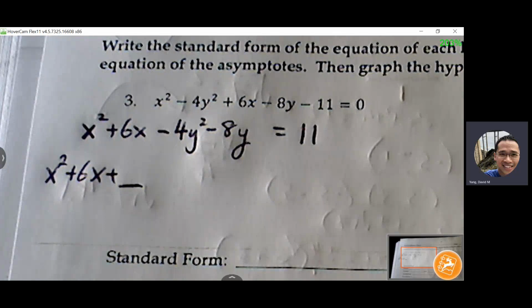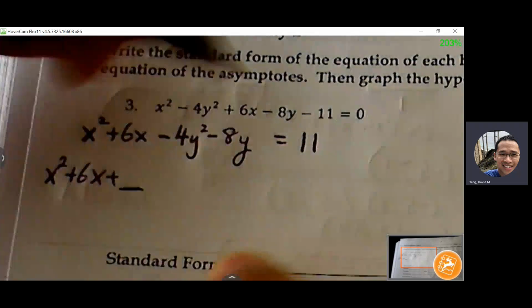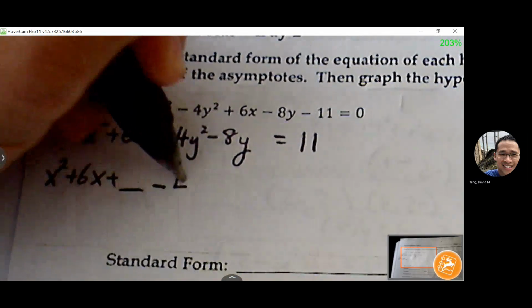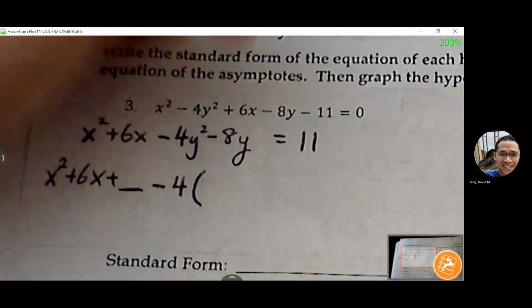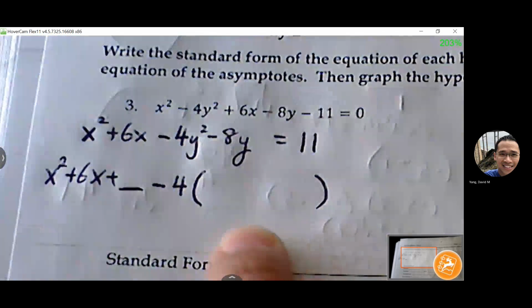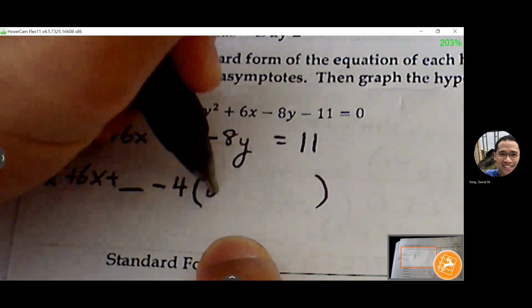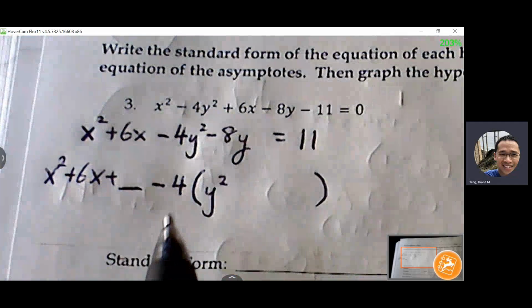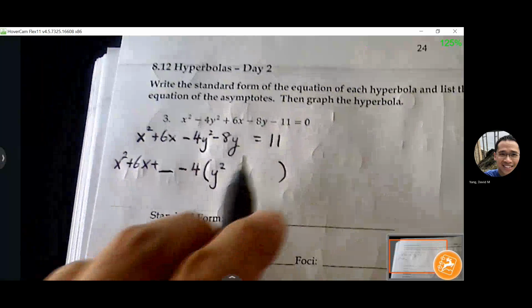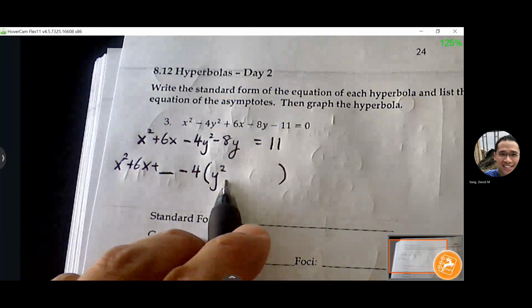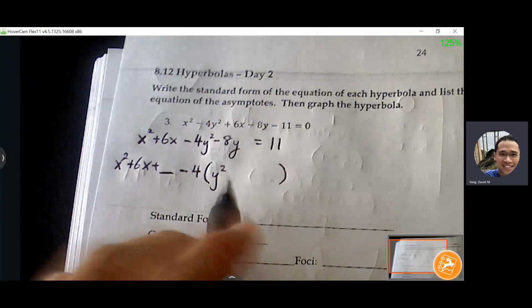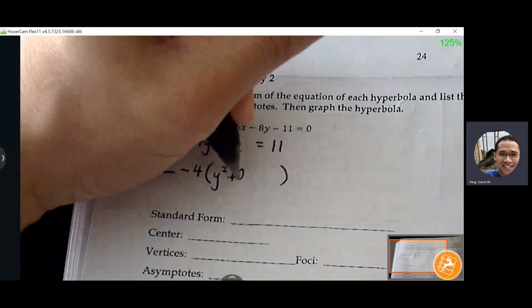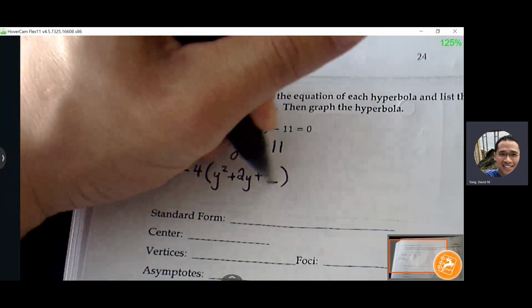We want a -4 to come out because we want the y squared to be nice and positive in the parentheses. So now we're dividing everything by -4. So what's next? Good, plus 2y plus space.